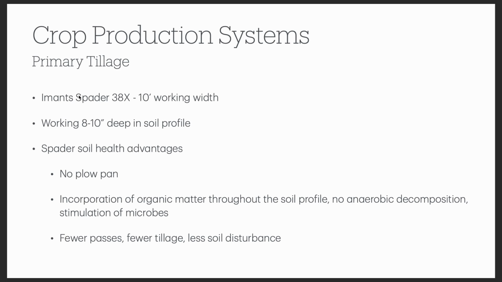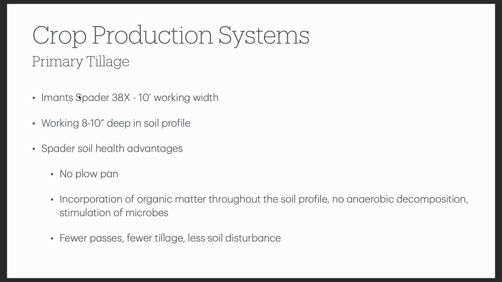It usually works at an 8 to 10 inch working depth, and it's considered a conservation tillage tool because you're making a lot fewer passes through the field. When I first started farming, we were using either a moldboard or a chisel plow, which you then follow with a heavy disc, maybe disc twice, 3 times, and then harrow. So it's incorporating generally those 4 passes into 1 pass to achieve a final seed bed.